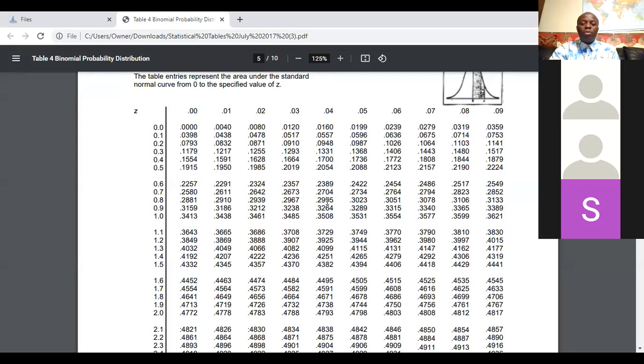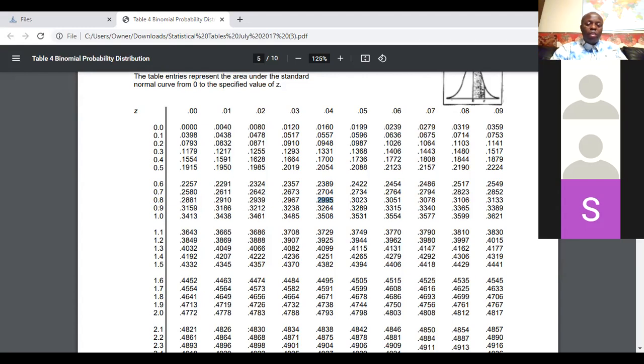To find which one of them is closer, we ignore the decimal point and subtract. So 3000 minus 2995 gives us 5 points. It is 5 points away. Then we check the other number. 3023 minus 3000 is 23 points, which means that this one, 2995, is closest. So we choose this one, then follow it to the left, 0.8 and up 4.